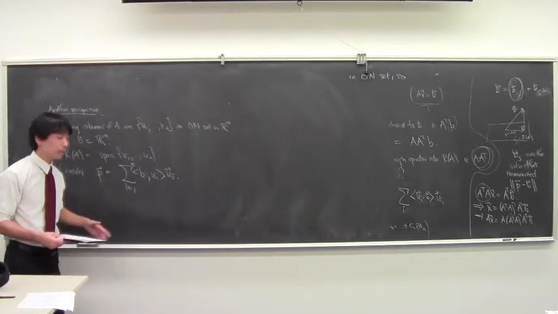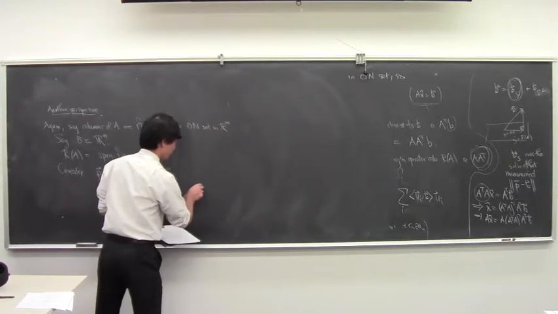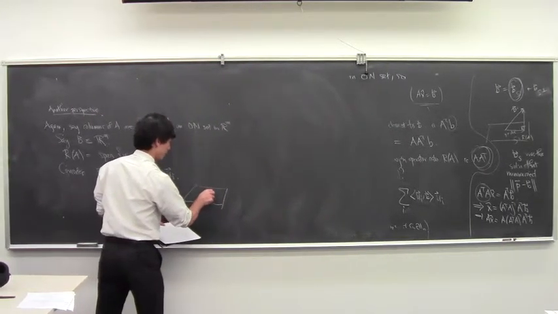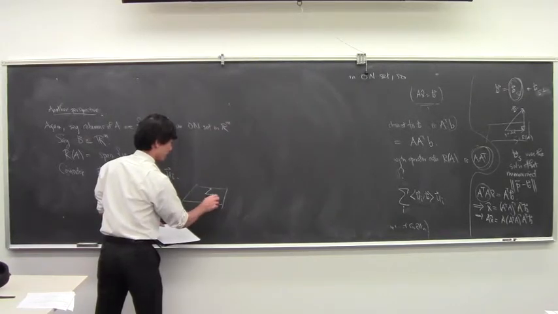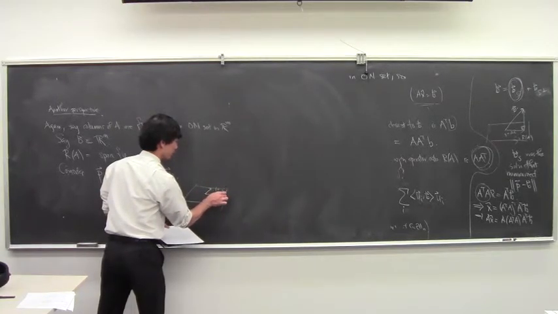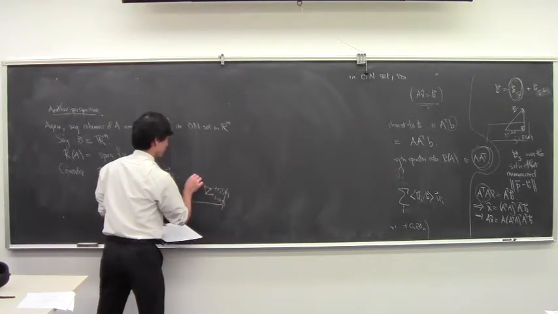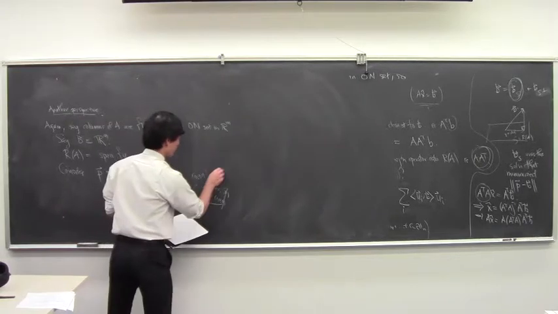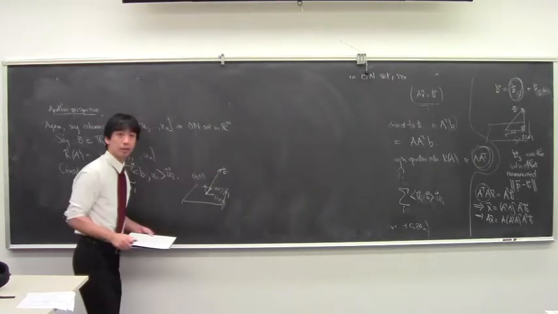If you think about what this thing is, let's think like this. Here is, say, 1, 0, 0, and this one is 0, 1, 0, and this guy is 0, 0, 1, and you have some vector b.